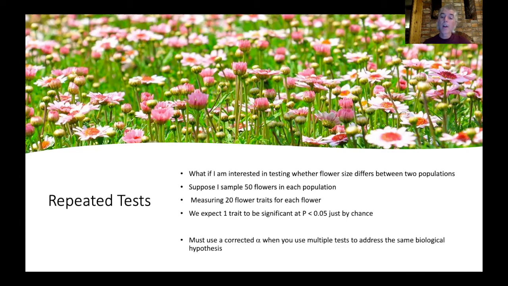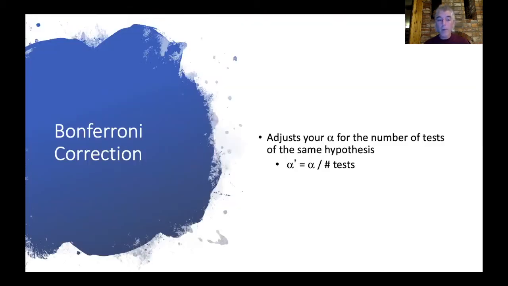So instead, when we are using multiple statistical tests to address the same biological hypothesis, we need to correct our alpha level. One of the approaches that's used to do this is referred to as a Bonferroni correction.